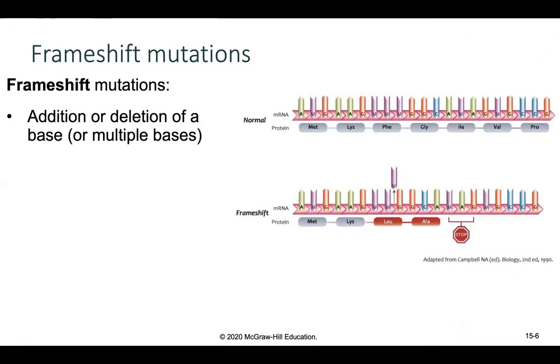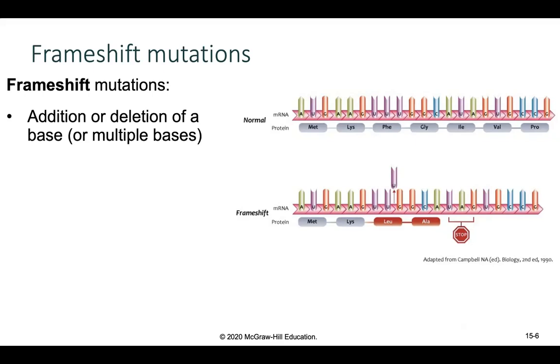Essentially, it's just an addition or deletion of a base or multiple bases. So if that code is read 3 letters at a time, if you add a base in there or take one out, that shifts everything that's being read after that addition or deletion, right? It just shifts everything and changes everything after that.